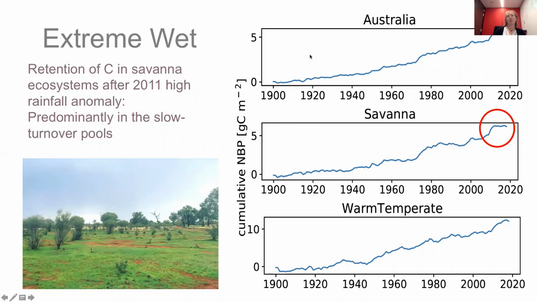So what you see here are our most recent estimates of the cumulative net biospheric production of the Australian continent on the top, and then isolating the savanna region, where a lot of the action occurred during that big wet anomaly. You can see the big positive excursion around 2011, but interestingly, after 2011, that doesn't drop off, suggesting that, at least according to these preliminary results, there wasn't a big bust or a big loss of carbon in the wake of that event.